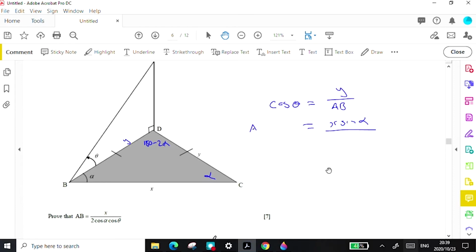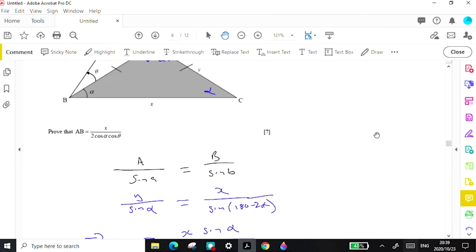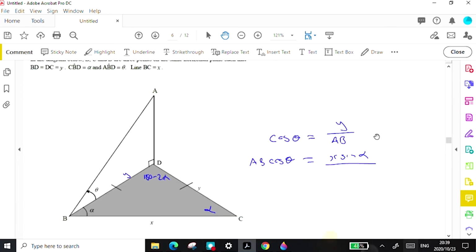So we have AB cos theta is equal to x sine alpha divided by sine of 180 minus 2 alpha.